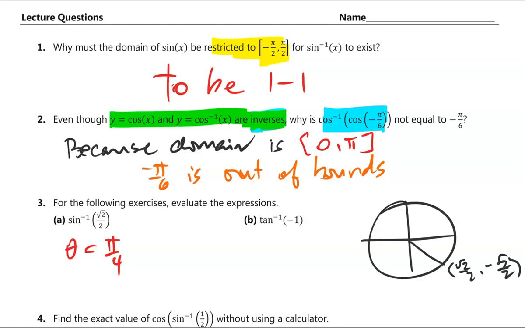When you divide, this is negative 1. This is 7 pi over 4, and 7 pi over 4 is not between negative pi over 2 and pi over 2. So get the coterminal of that, or just use this angle, which is, yes, negative pi over 4.